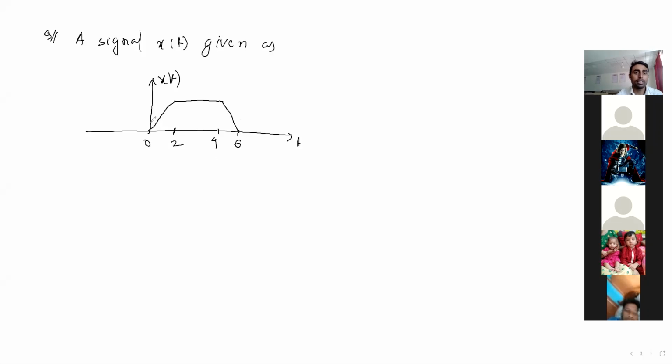This information is given, and suppose the amplitude of the signal is 4. Then the question will be asked: plot x(t minus 4). Suppose this question has come. What will be the solution?